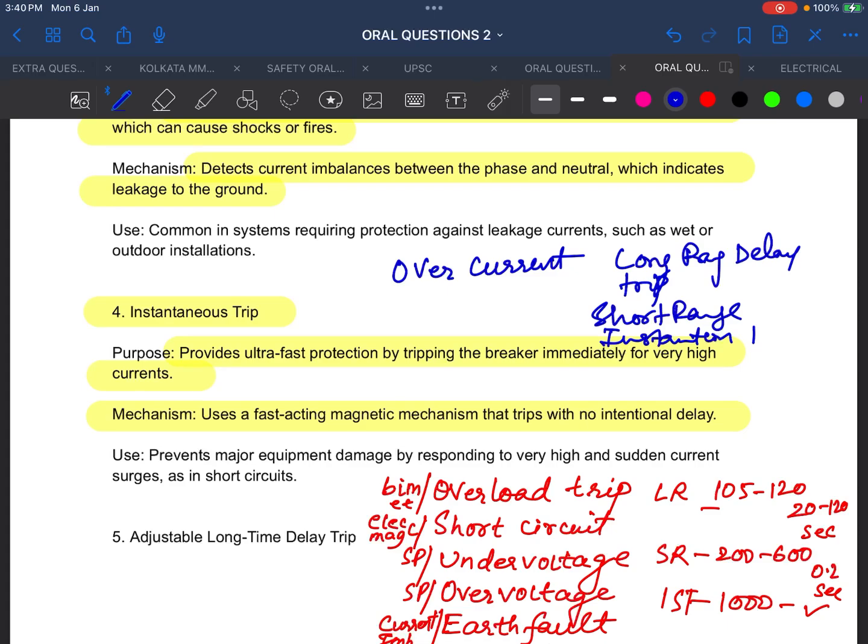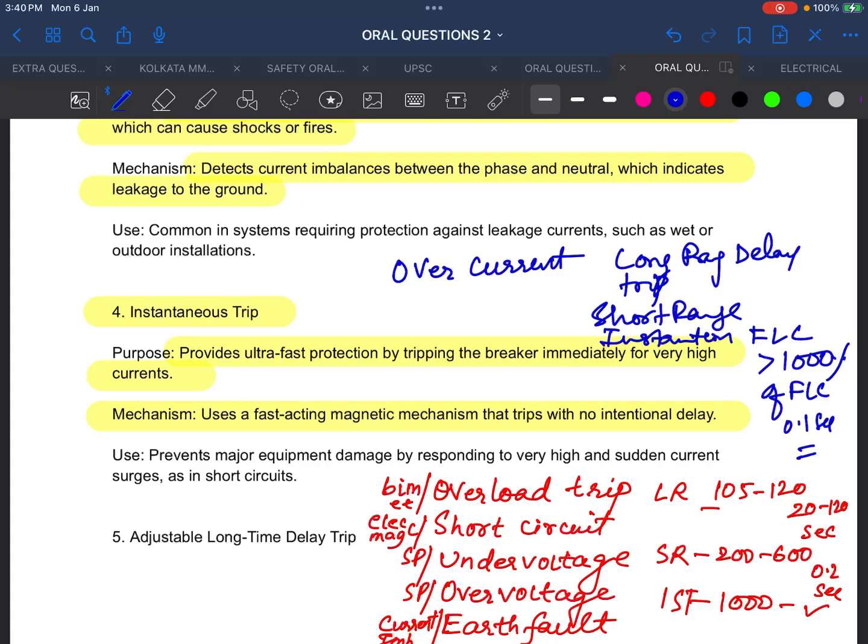When your current is greater than 1000% of full load current. Whatever the full load current of the equipment, when the current exceeds that, it will trip instantaneously, within 0.1 second.